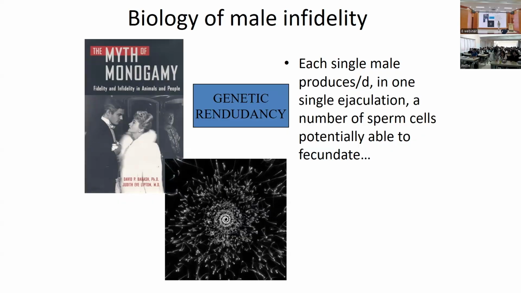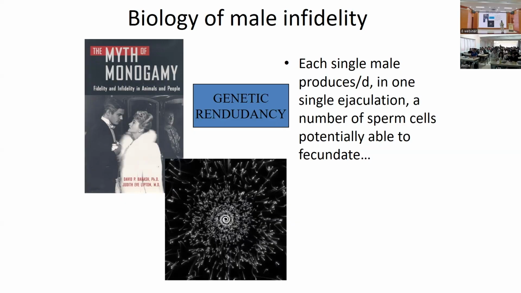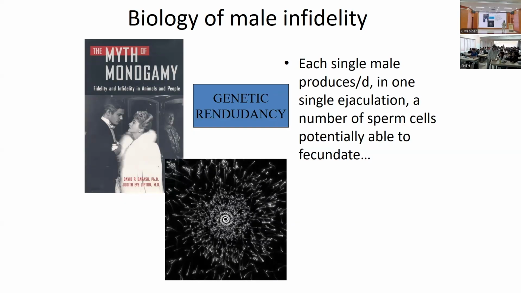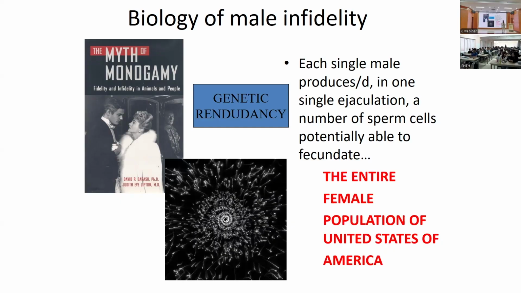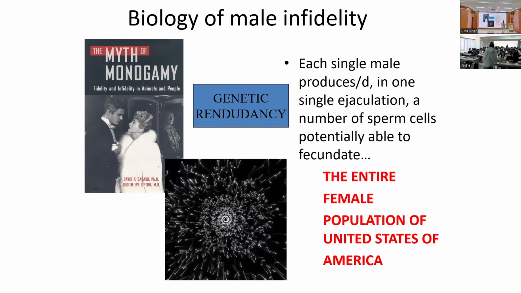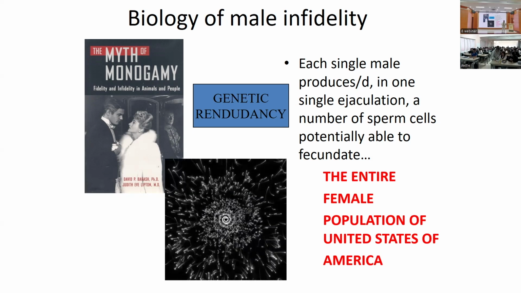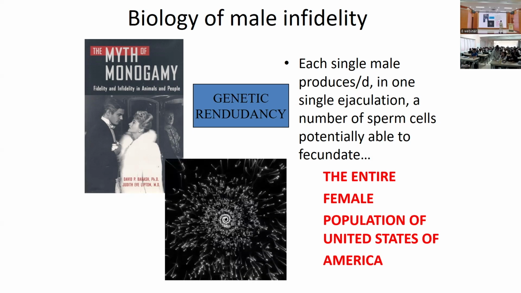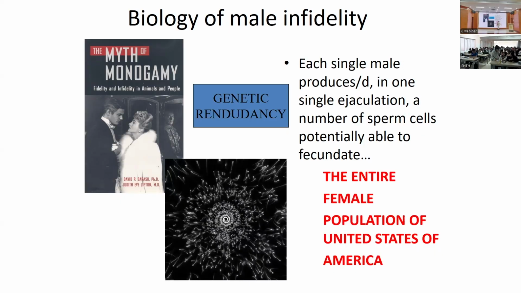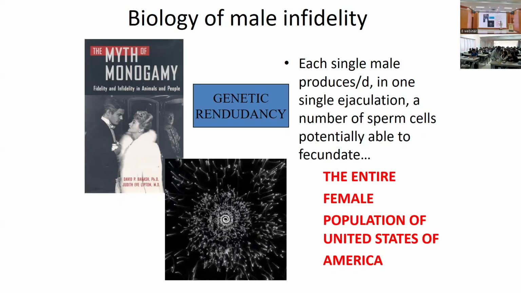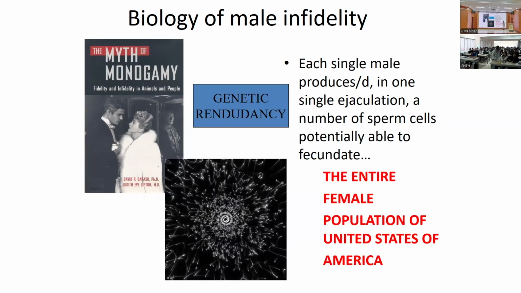And the number of spermatozoa that each man is producing, not in the life, but in one single ejaculation, if he is healthy, is enough to fecundate the entire population of the United States. In one single ejaculation, a healthy young man is potentially able to fecundate all the females of the United States.